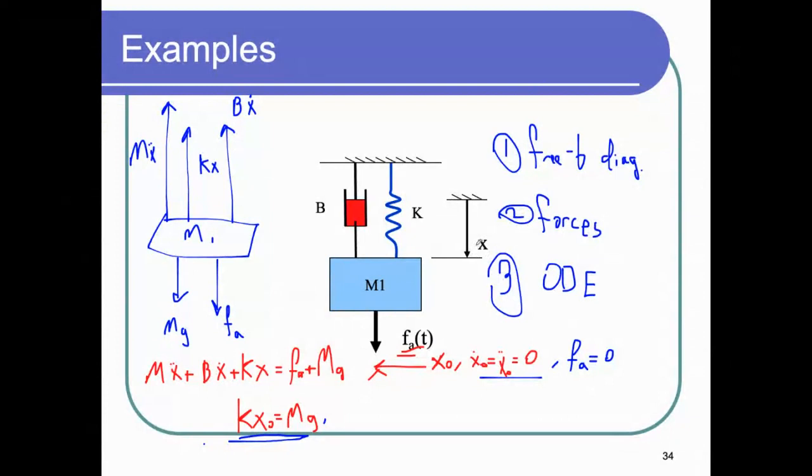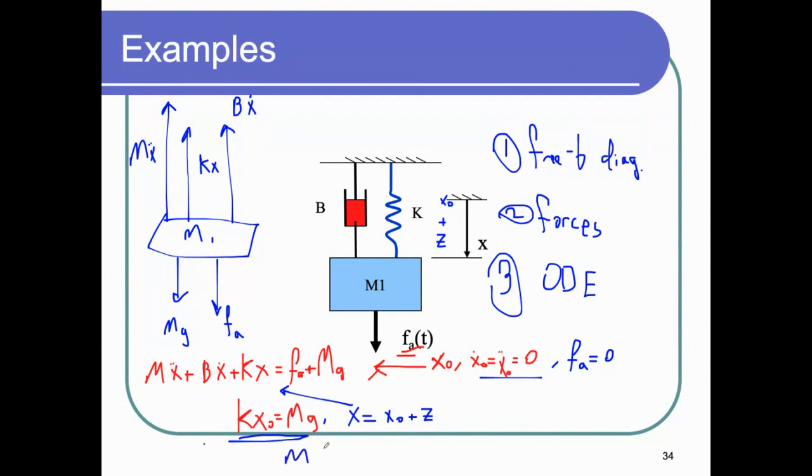The position x here is really the initial position x naught plus a certain displacement z. So if I want to split the displacement of the mass x into two parts, the equilibrium position plus the position due to the force, call it z, x naught plus z. And again, apply it here. What do I get?